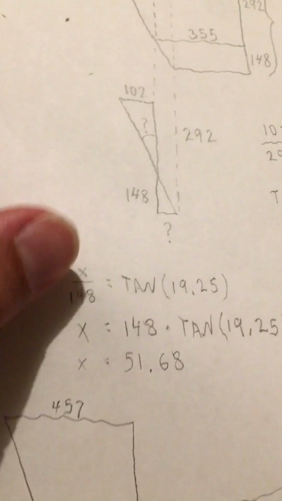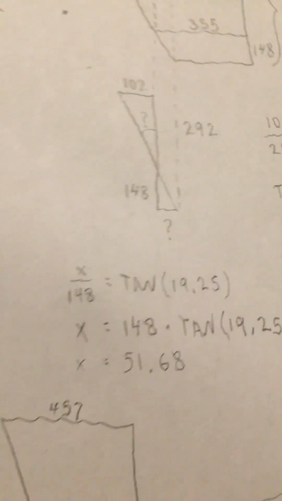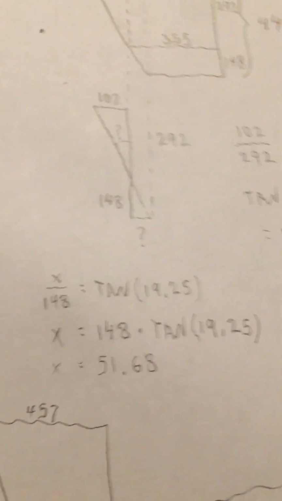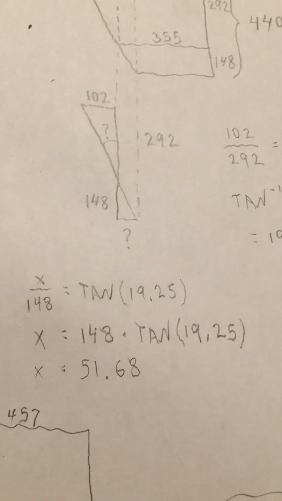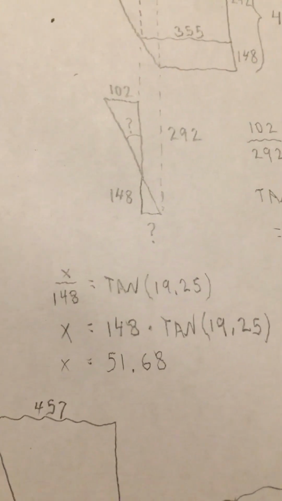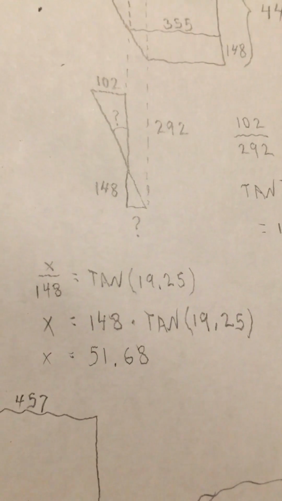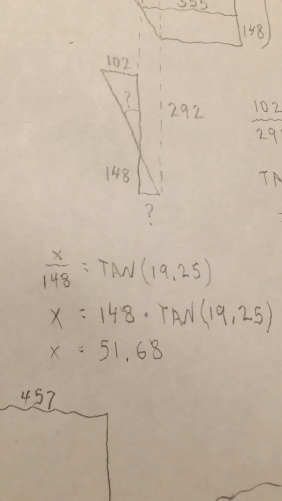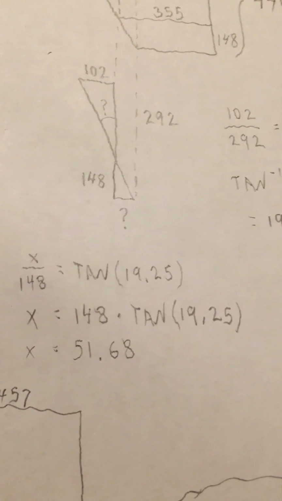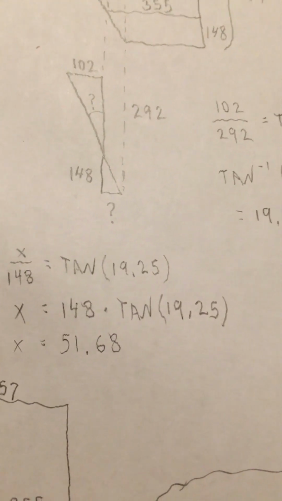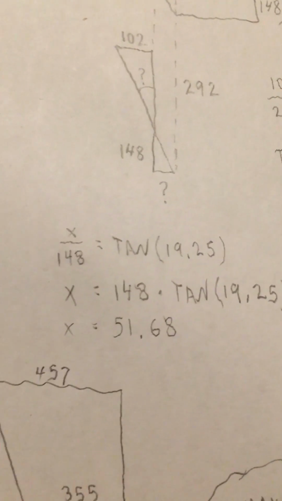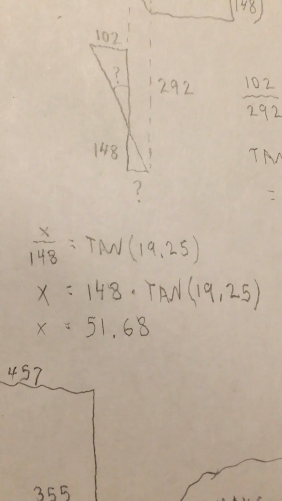So we have opposite over adjacent, so x divided by 148 equals the tangent of 19.25. If we multiply both sides by 148, the 148s will cancel out on the left side, and we're left with x equals 148 times the tangent of 19.25, and x equals 51.68.